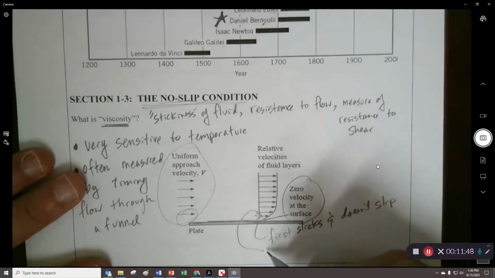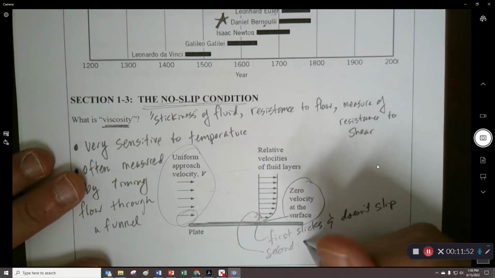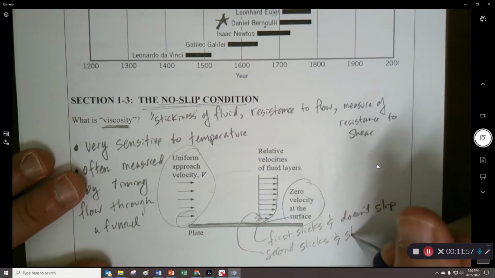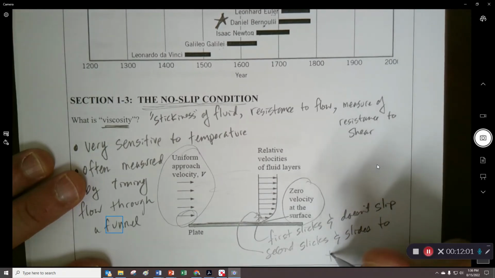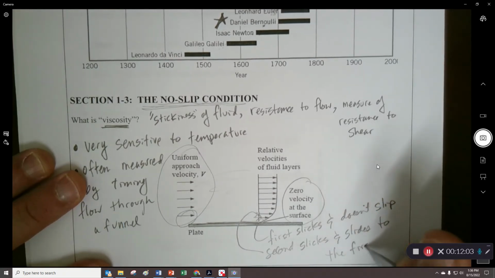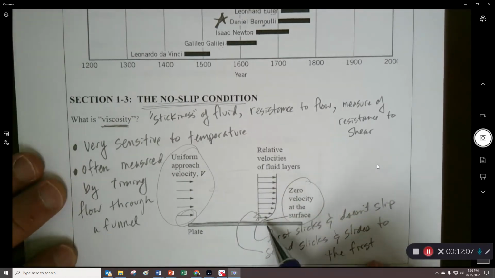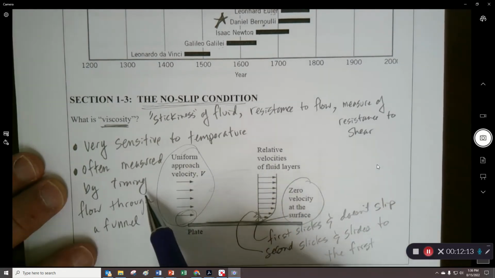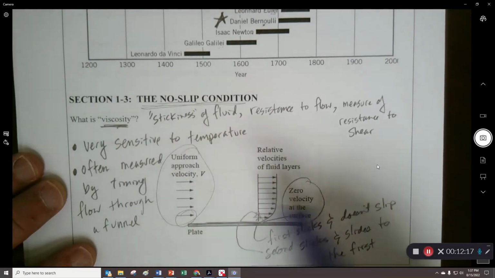But the second sticks and slides to the first. And that's the stickiness between the fluid molecules, and the relative velocity between them creates this viscosity, right? That's the stickiness of the fluid to itself.